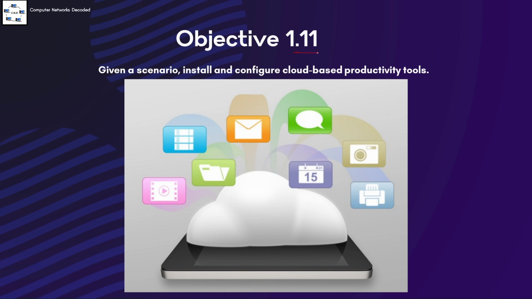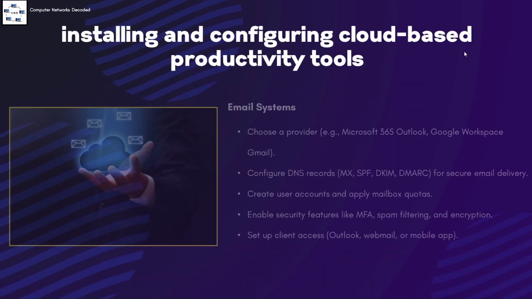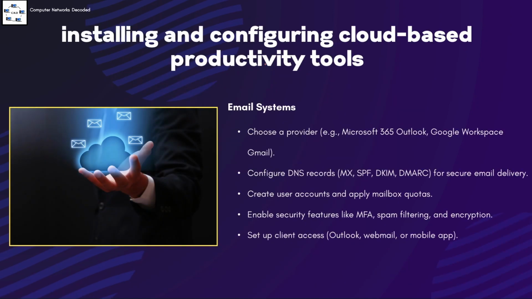Objective 1.11, given a scenario, install and configure cloud-based productivity tools. So, installing and configuring cloud-based productivity tools, and the first one is the email system. To install this system, you need to choose a provider, for example, Microsoft 365 Outlook or Google Workspace Gmail.